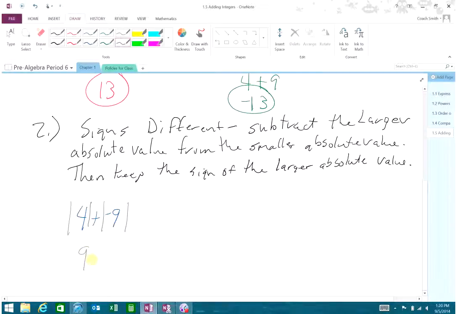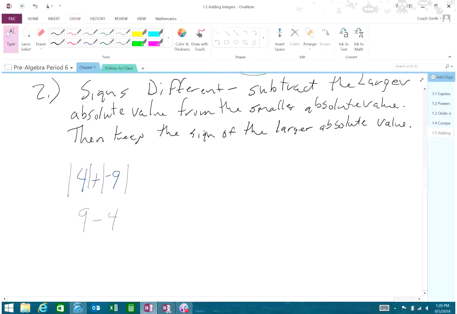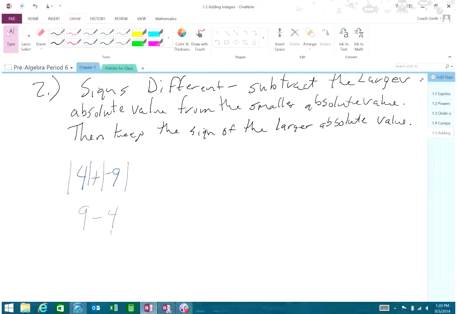So I take the larger absolute value, 9, and subtract the smaller absolute value from it. 9 minus 4 is 5. And the larger absolute value is negative, so it's negative 5.